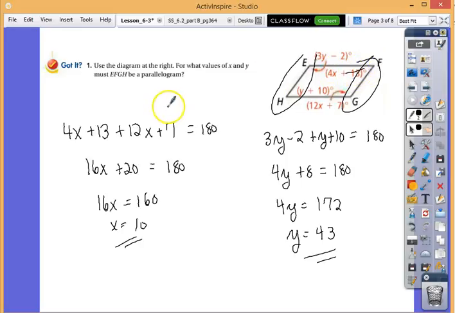So yep, the two opposite angles match. If I do it the other way, they'll match as well. And then when I find the solution to this angle and this angle, when I add them together, they'll be supplementary. They'll equal 180, which they will. But I would go through and check all of that to make sure that you didn't make an arithmetic error. Everybody okay with that one? All right.